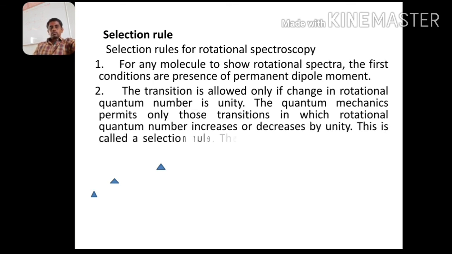Quantum mechanics permits only those transitions in which the rotational quantum number increases or decreases by unity. This is called the selection rule.